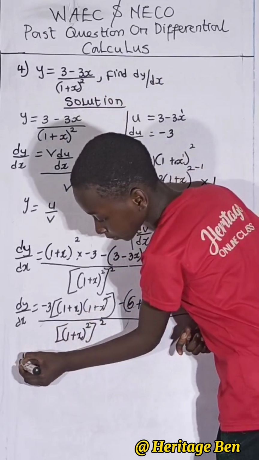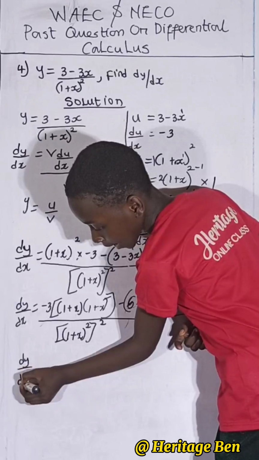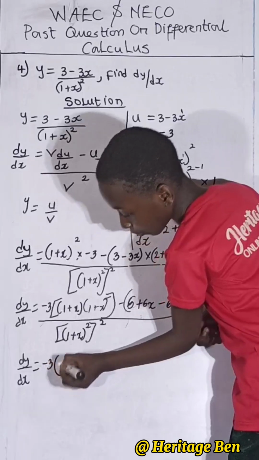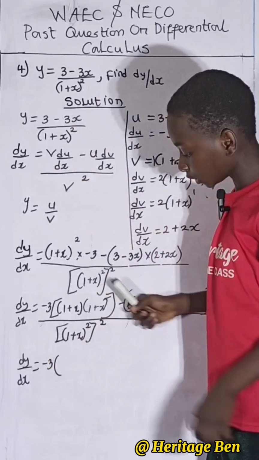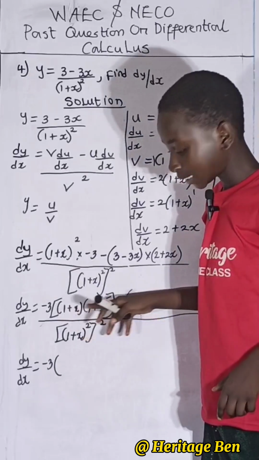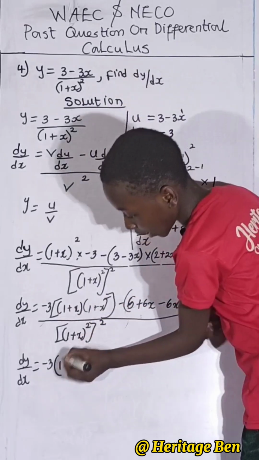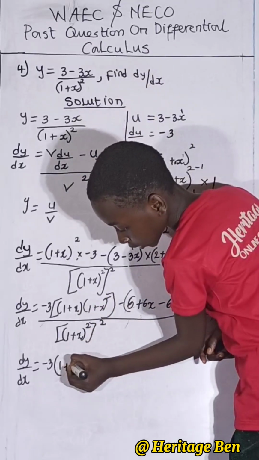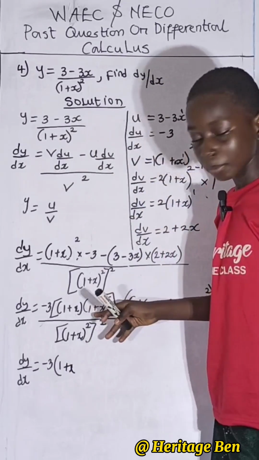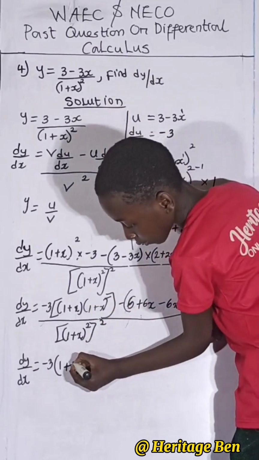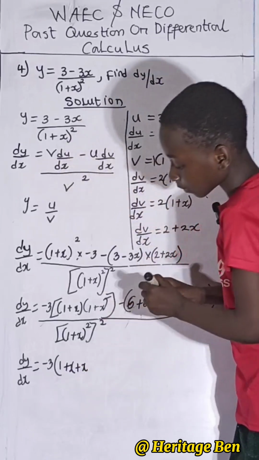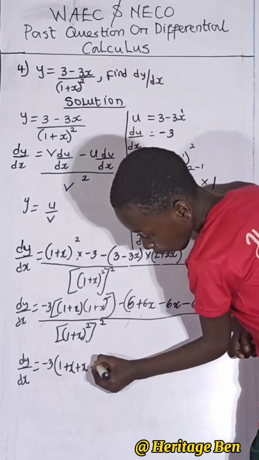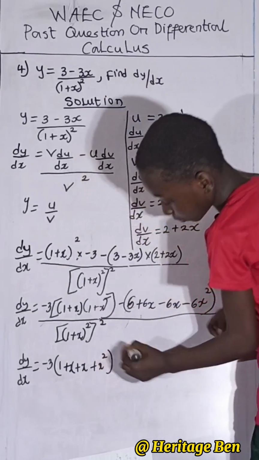Now dy/dx is equal to minus 3 open bracket. Now let's open this bracket. 1 times 1, 1, times plus x, plus x, plus x times 1, plus x, plus x times plus x, x squared, close bracket.